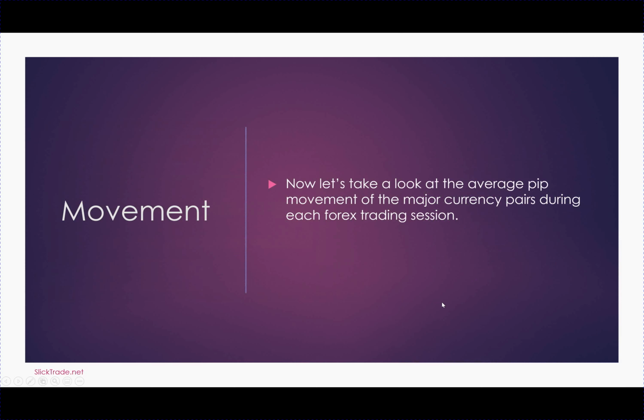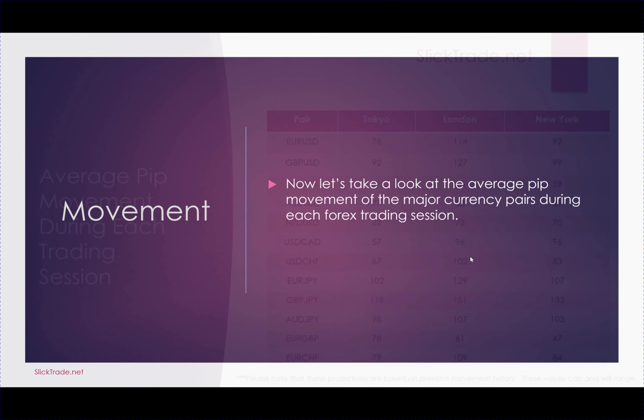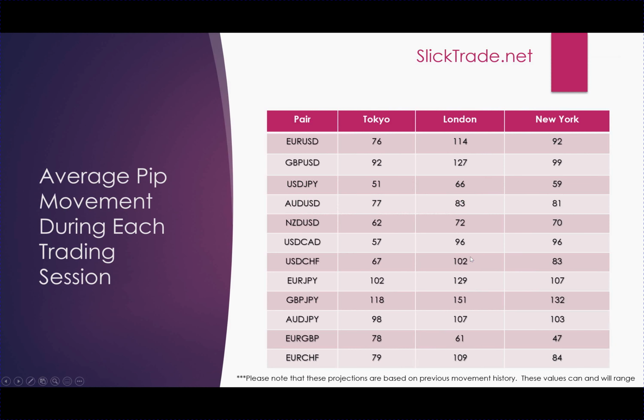Now let's take a look at the average pip movement of major currency pairs during each session. The average pip movement during each trading session. Okay, over here we have a chart. Now, please note, these projections are based on previous movement history. Okay, these values can and will change. So, here we have the Tokyo, London, and New York sessions.